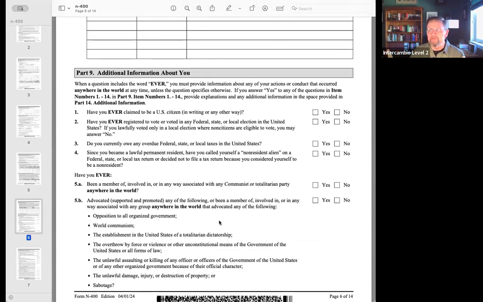Well, maybe you were in the army of your previous country that you left because you honorably served. And of course, you had to use a gun. There may be a good reason. Just simply answering yes to any of these doesn't mean you can't be a citizen. It just means they want more information. And you can provide that information in part 14.